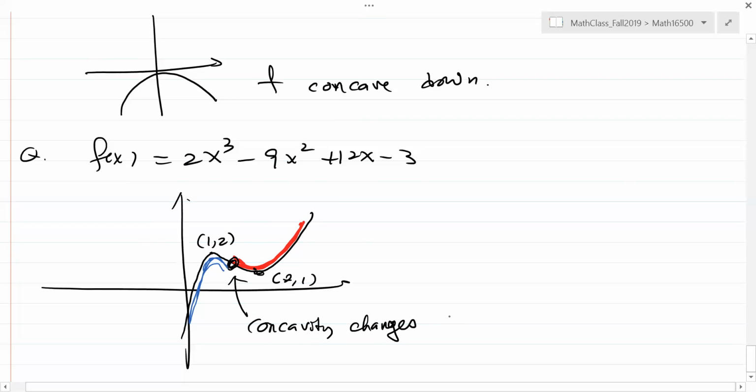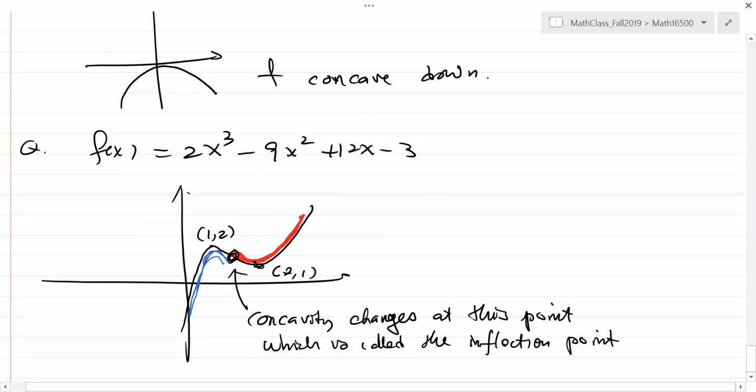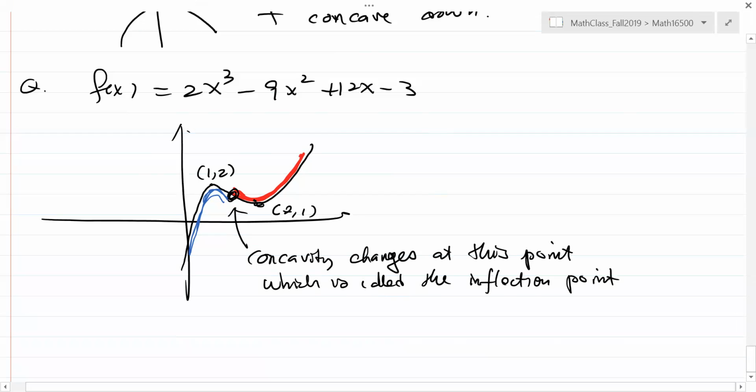At this point, this is called the inflection point. So for this graph, I guess there's one inflection point across which the graph's concavity changes.